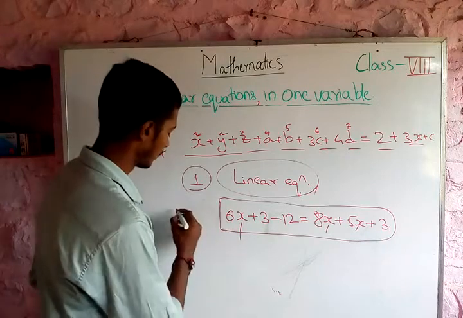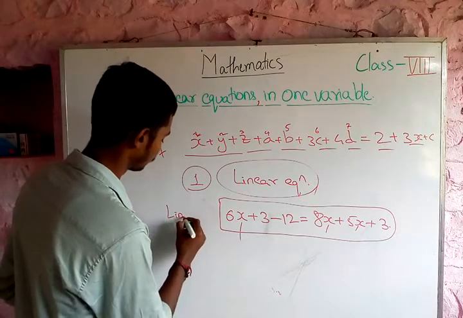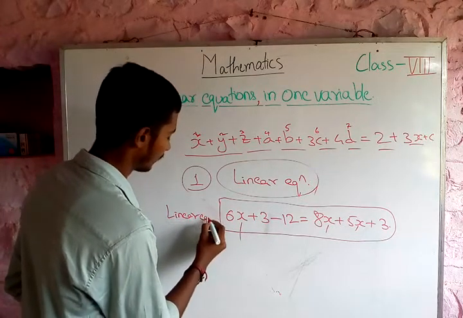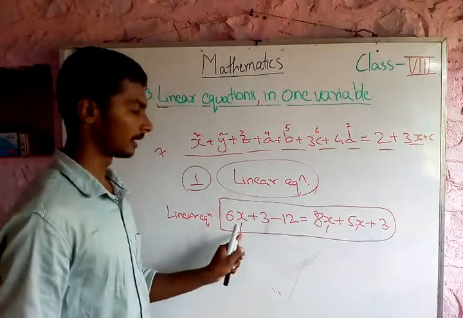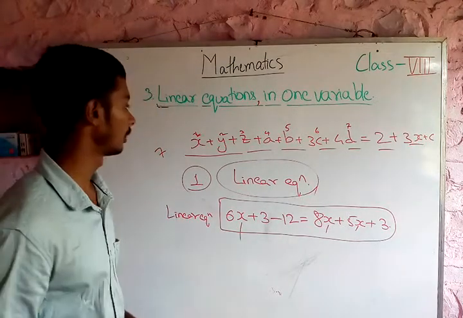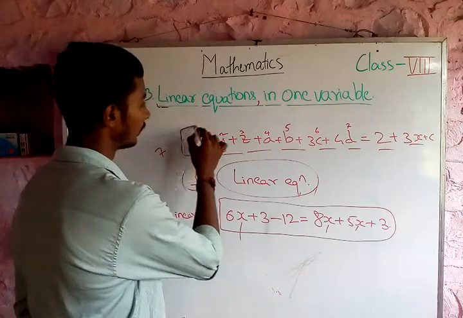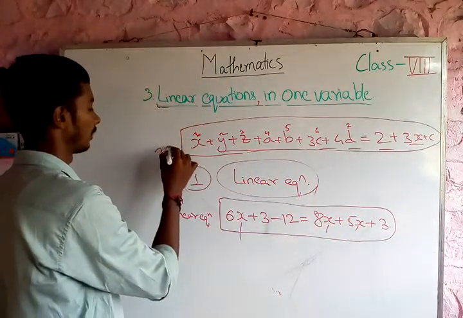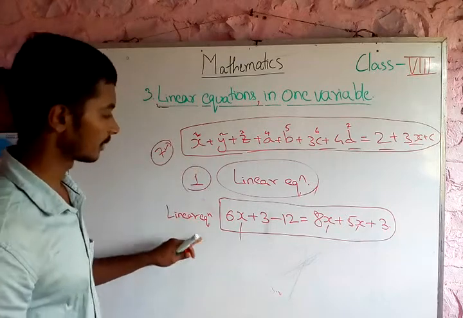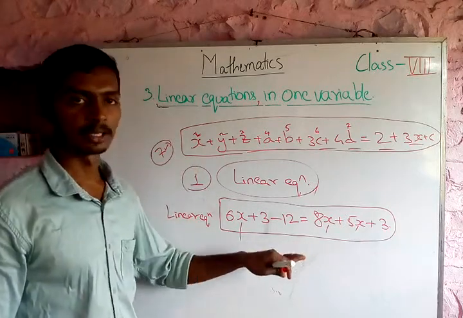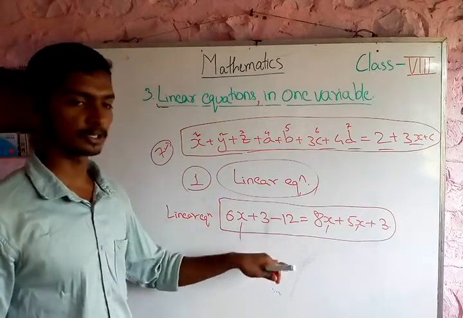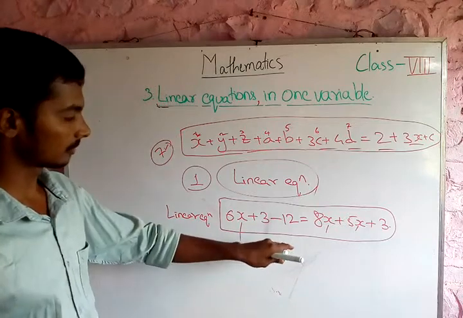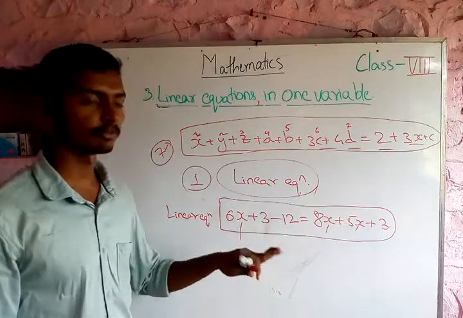So it is a linear equation, and it is a linear equation in one variable. This is a linear equation, but it is a linear equation with 7 variables. So in this class you will study equations of this kind. You will look at the application of linear equations in one variable.